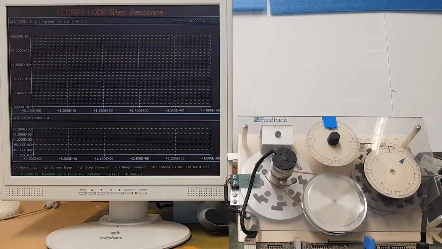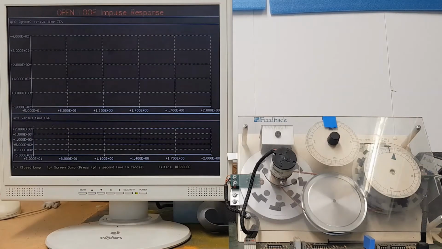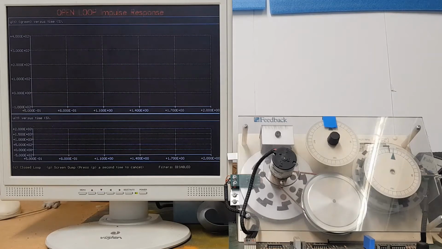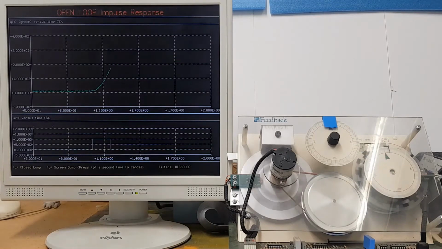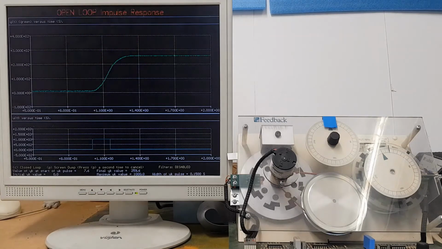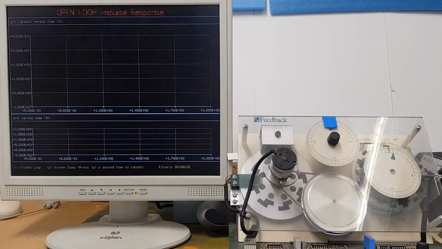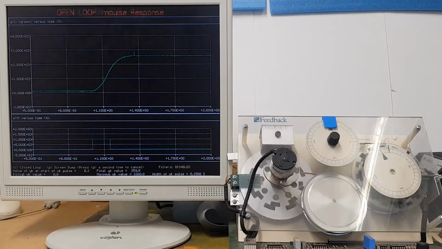Last thing I'm supposed to mention is if we want to work out the transfer function, if we press O, we can go into open loop, and this does an open loop step response for us. So with the open loop step response, we can use this shape to identify the transfer function. Then, having identified the transfer function, we can use that and our second order systems theory to design the various controllers.